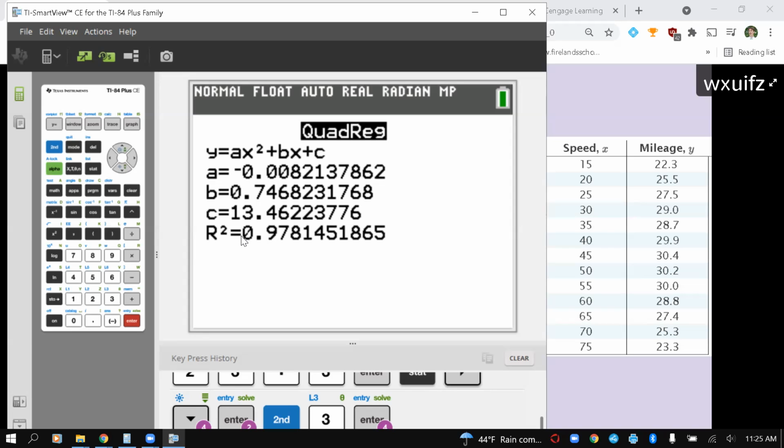Yes, you got 1 extra y value to your x value. You have to audit your data. How do I get rid of this? Okay. 15 is 22.3. Uh-oh. 20 is 25.5. 25.